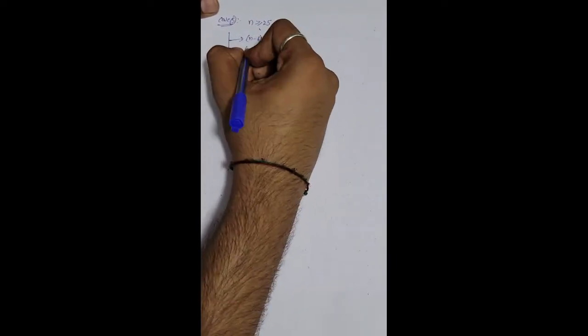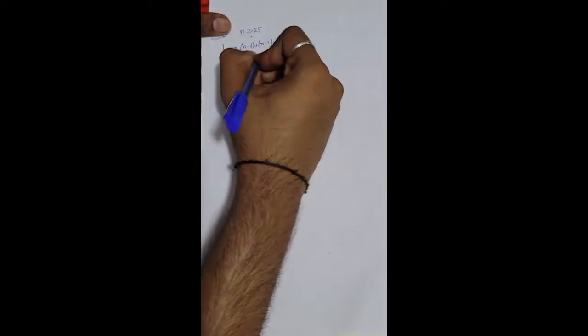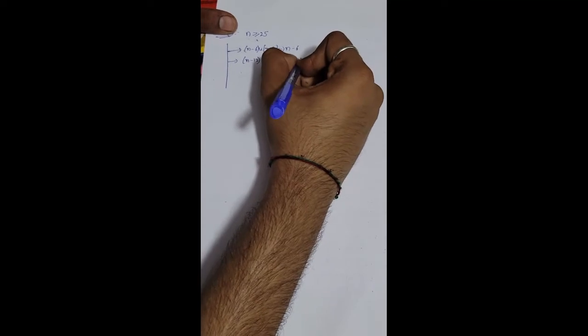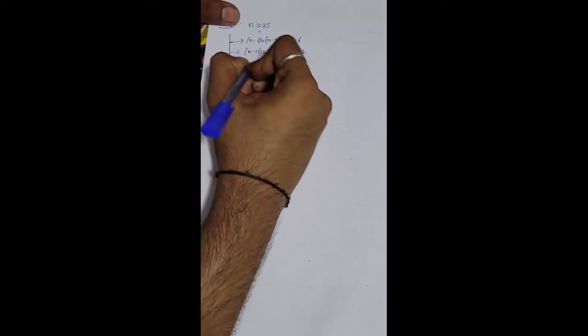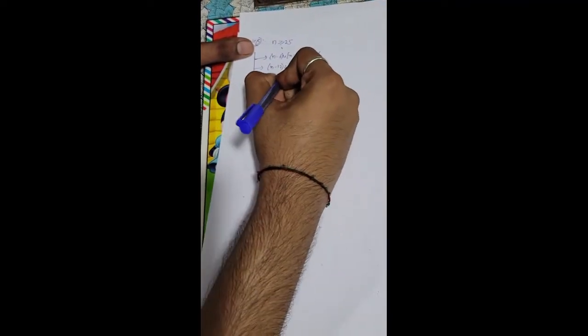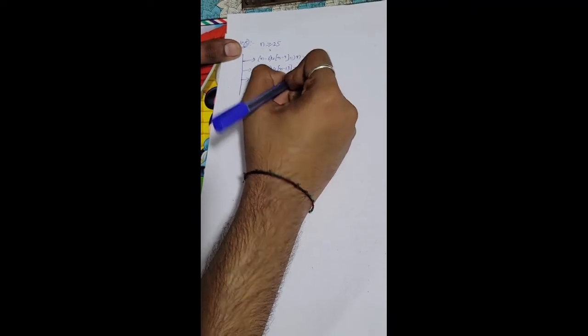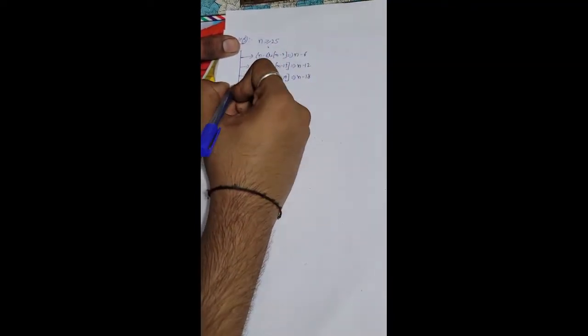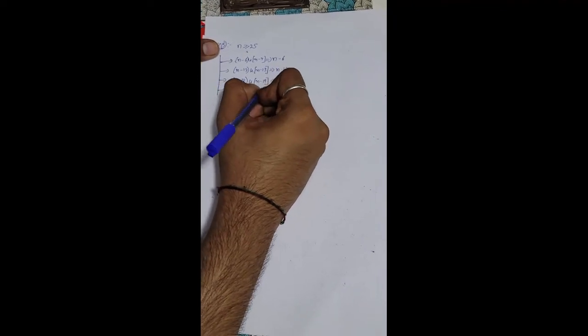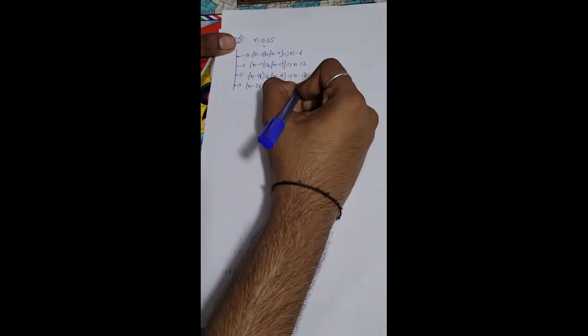And what is the next thing? N minus 12 into u of n minus 13 will also be valid, so you get n minus 12 here. And here n minus 18 into u of n minus 19 will also be valid, so n minus 18. And then the last one is n minus 24 into u of n minus 25. Here this will also be valid, so the value is n minus 24.